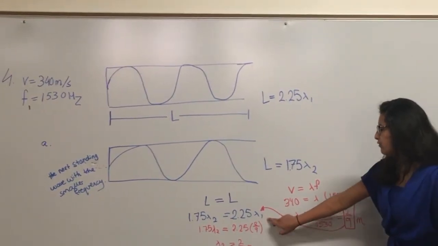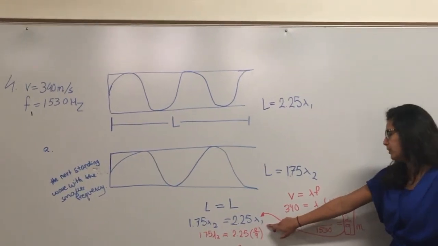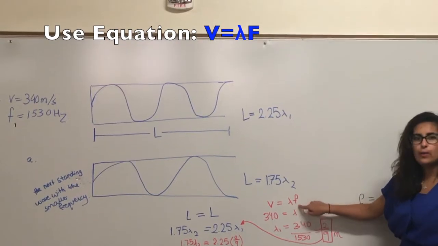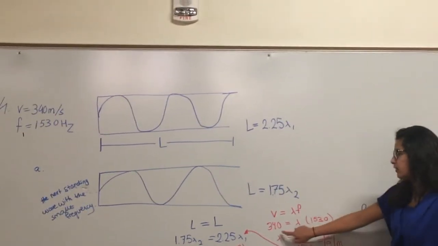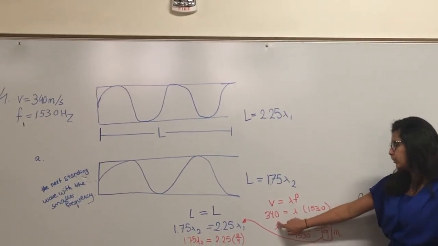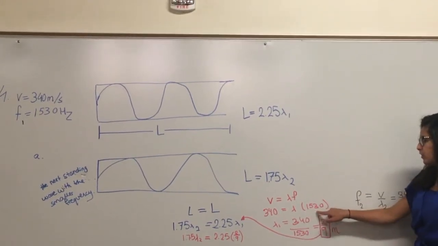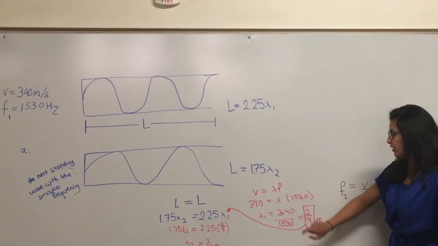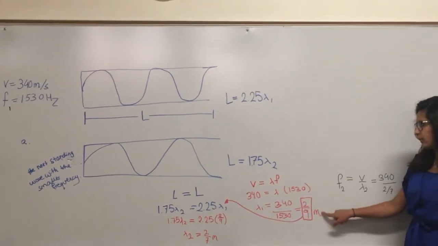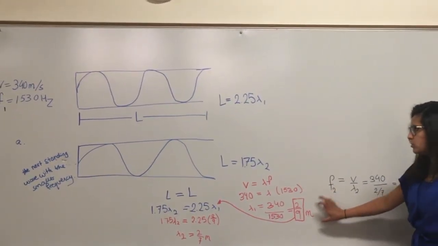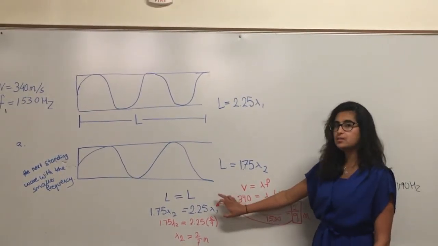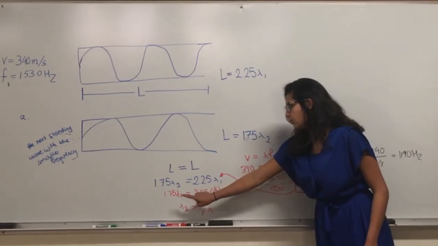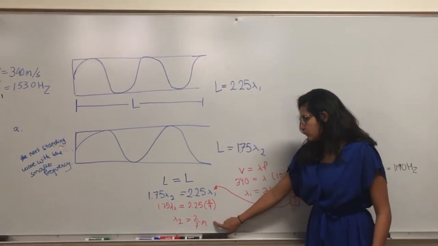We can find the wavelength of 1 by using this equation: V is equal to the wavelength times the frequency. The velocity is 340, the frequency is 1530, so we are able to find the first wavelength, and we got 2/9 meters. We substituted the 2/9 meters in this equation, and therefore we found the second wavelength, and we got 2/7 meters.